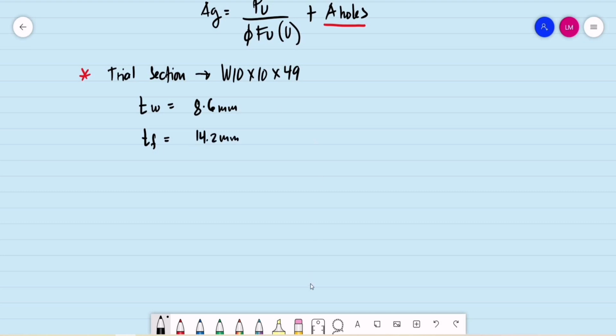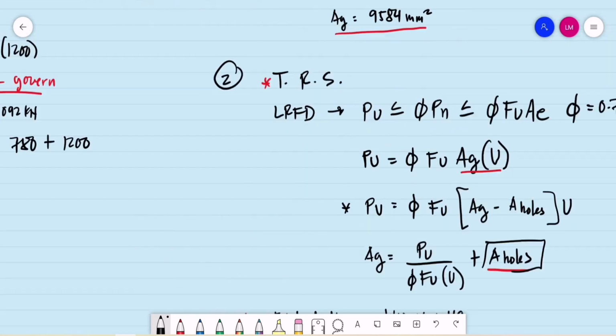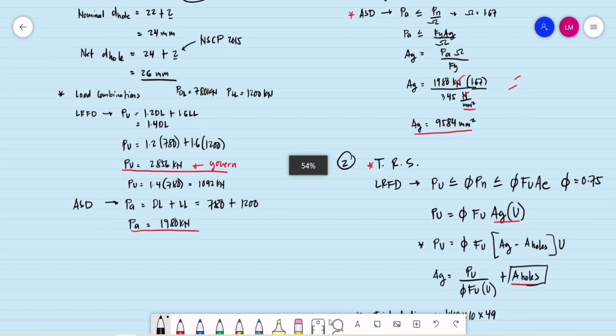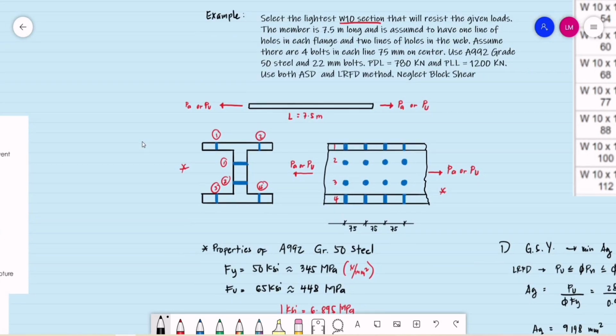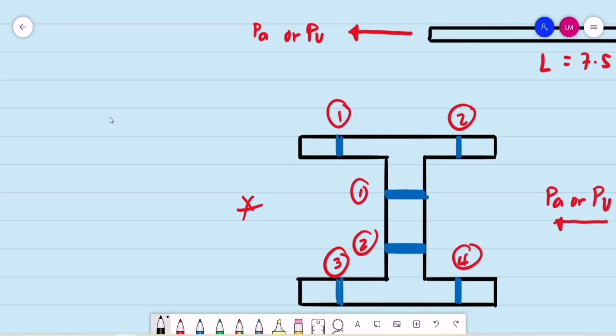So what are the areas of the holes? That area of the hole is what we sometimes call the bearing area. The bearing area is basically the thickness multiplied by the diameter of the hole.